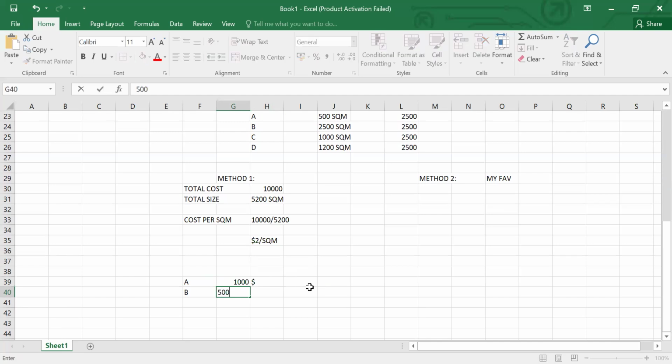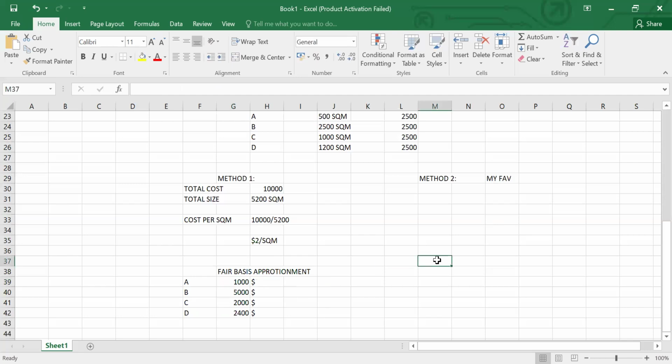I hope you are understanding. $5,000 for department B, $2,000 for department C, and $2,400 for department D. Now this is known as fair basis apportionment. Are you clear so far? Yes, Isha, are you clear? Yes, I understand. Perfect. This was the first method.